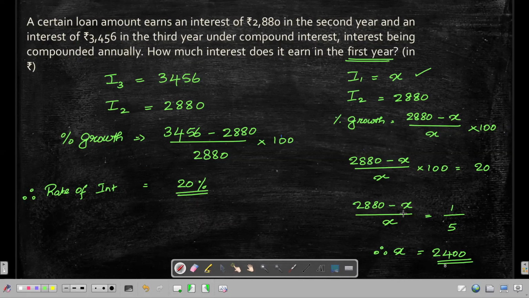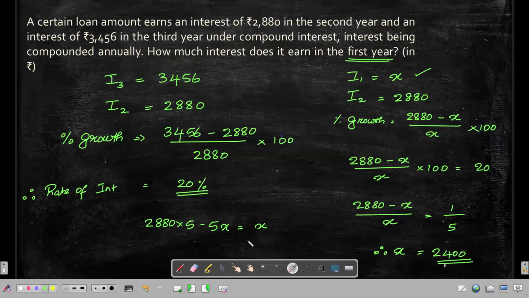You just need to do the cross multiplication: 2880 into 5 minus 5X is equal to X. Taking the minus 5X to the right hand side, it becomes plus 5X, so 5X plus X becomes 6X. From this you can calculate X, which is 2880 into 5 divided by 6, and that value comes as 2400.